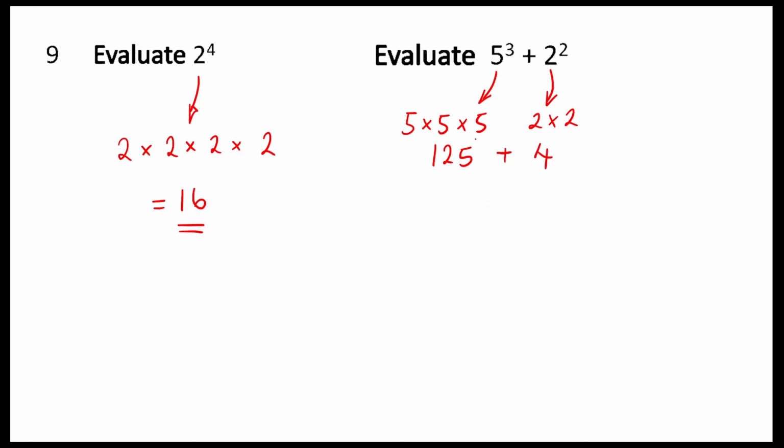So essentially I want to work out 5 cubed, which is 125, added to 2 squared, which is 4. That gives me an answer of 129.